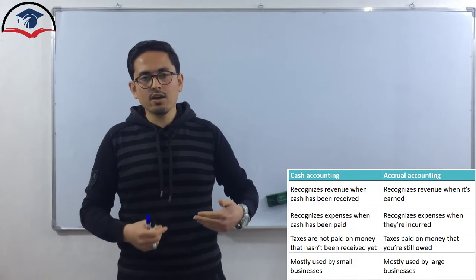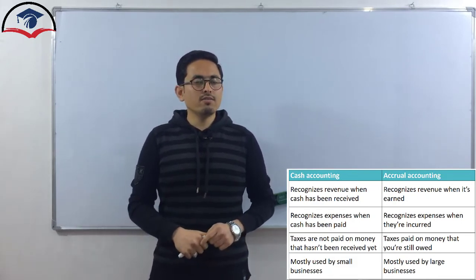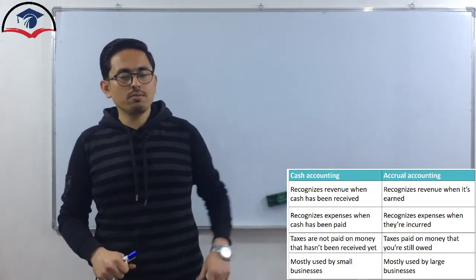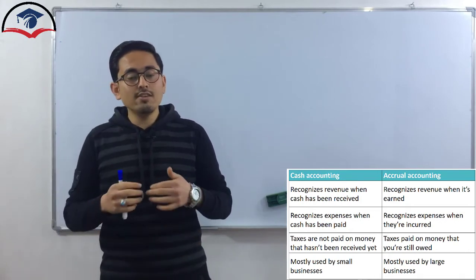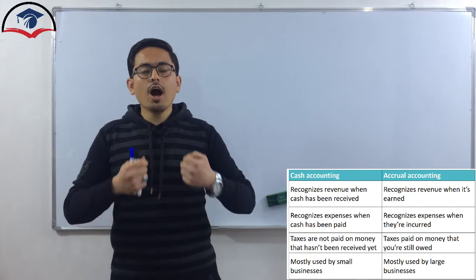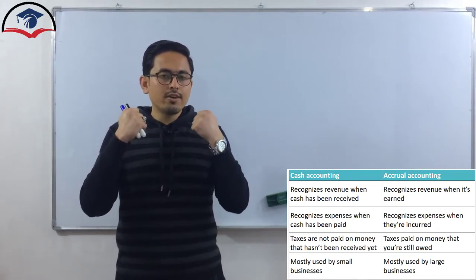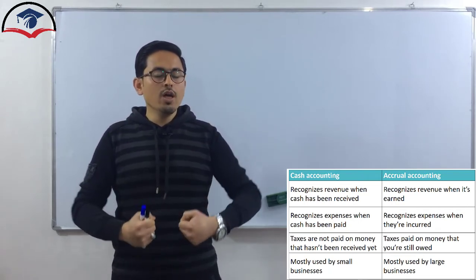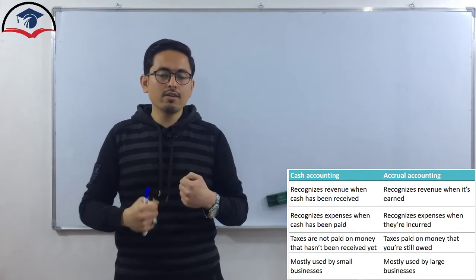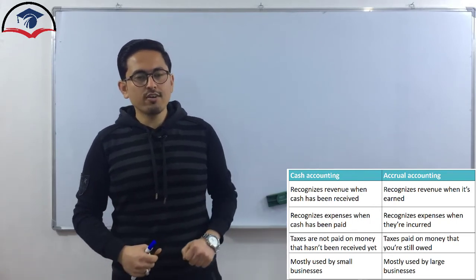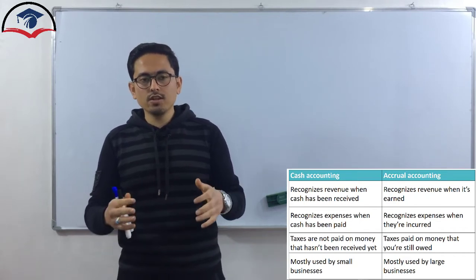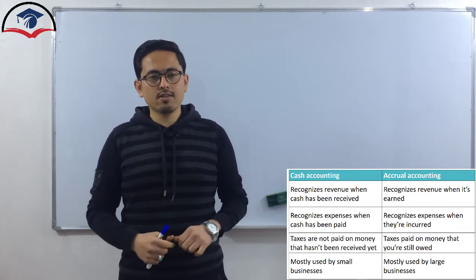Of course, there is an international financial reporting standard, IFRS 15, which discusses in detail how an accountant should recognize revenue, when to recognize it, and how to record it. Be with the channel. We're going to cover IFRS 15 in detail, but in its time.